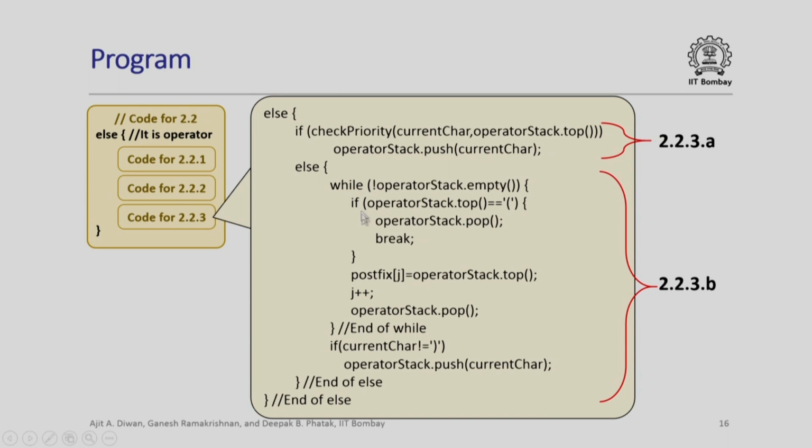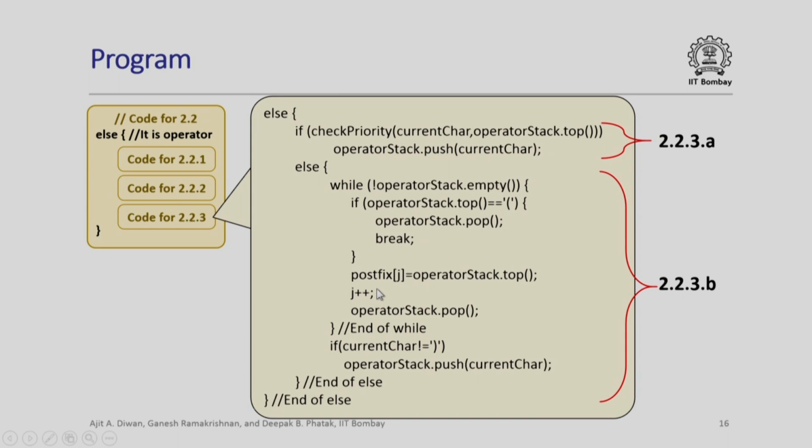So this is the entire logic of 2.2.3b, which says while the operator stack is not empty, if the operator stack top is opening parenthesis, then I pop it off and break.